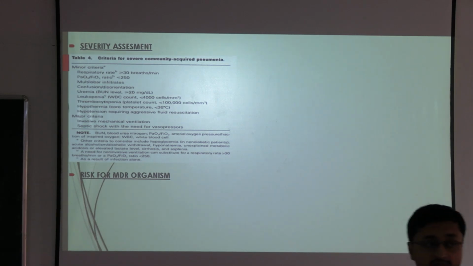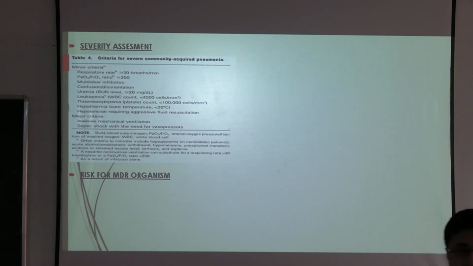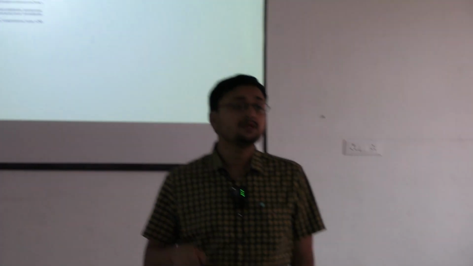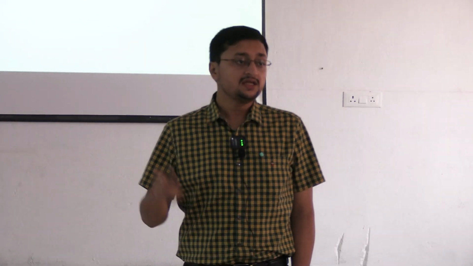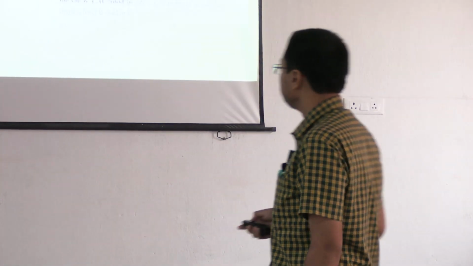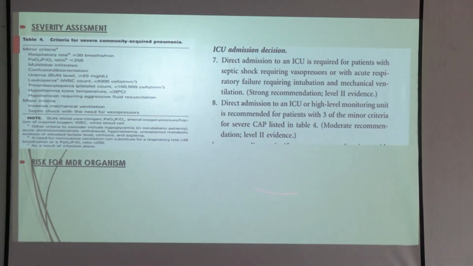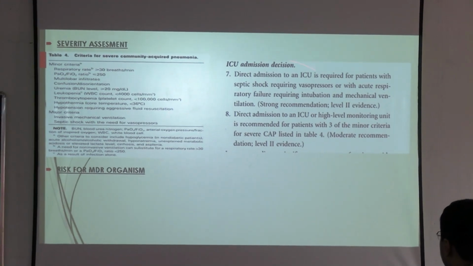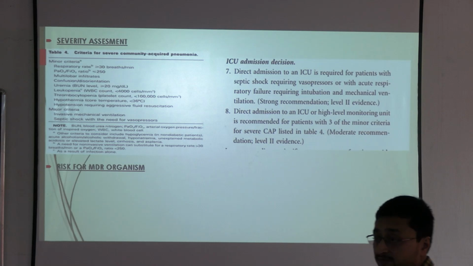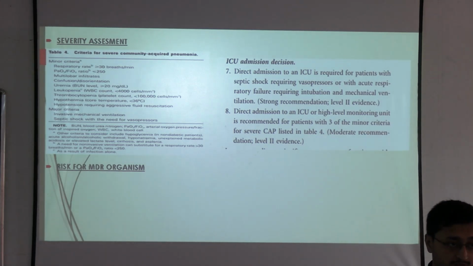So these are the minor criteria. Among those minor criteria, if three of the criteria are fulfilled or any one of the major criteria is fulfilled, then you can call it as severe community-acquired pneumonia. So direct admission to ICU is required for the patients with septic shock requiring vasopressor support or with acute respiratory failure requiring ventilatory support.